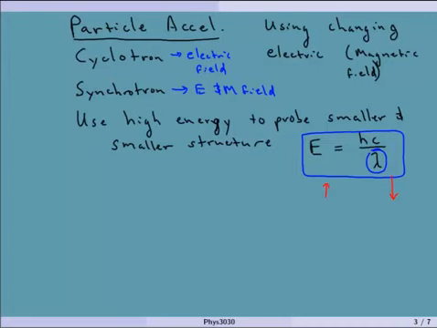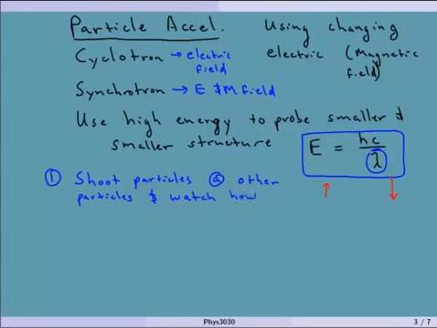And there are two main ways that we look at particles. So I can shoot particles at other particles. So this is way one, at other particles, and watch how they bounce off.